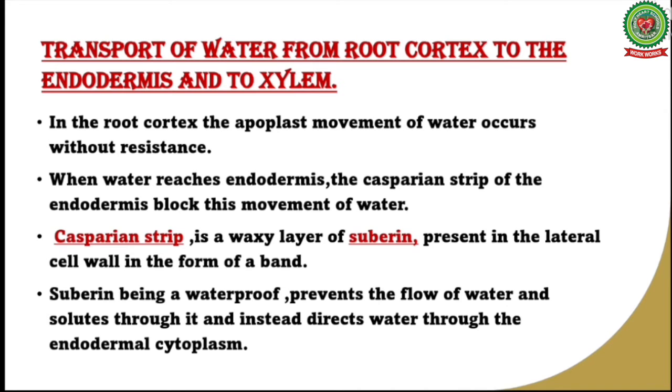Casparian strip is a waxy layer of suberin present in the lateral cell wall in the form of a band. Suberin, being waterproof, prevents the flow of water and solutes through it and instead directs water through the endodermal cytoplasm.